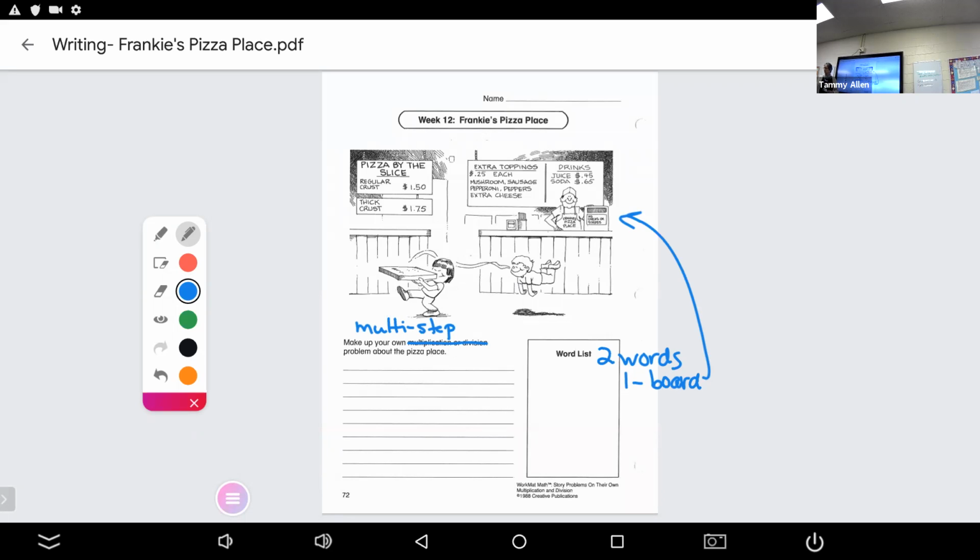Does that make sense? Your story problem should not read identical to the one we just wrote. Yes, you can choose words like what we did on the other side. It shouldn't just change the name and say that Billy went there and ordered sausage and pepperoni pizza with two friends and a soda.